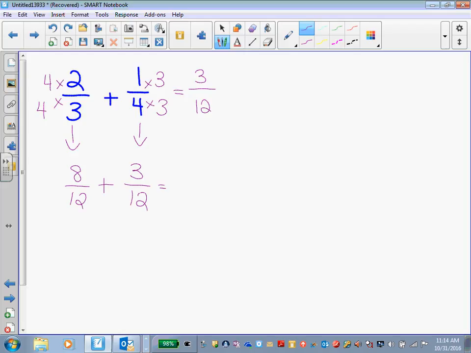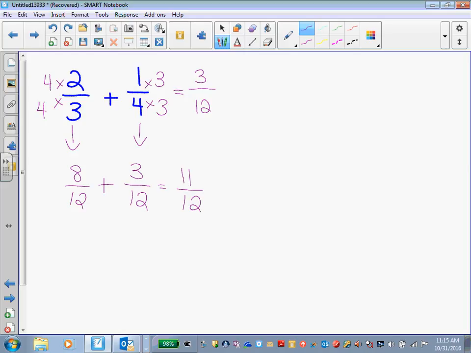All right, Ethan. 8/12 plus 3/12 is what? 11/12. Is there a number that can go into both 11 and 12 evenly? Mia. All right, 3 can go into 12. 5? 5, 10, 15, 20, 25, 30, 35, 40.